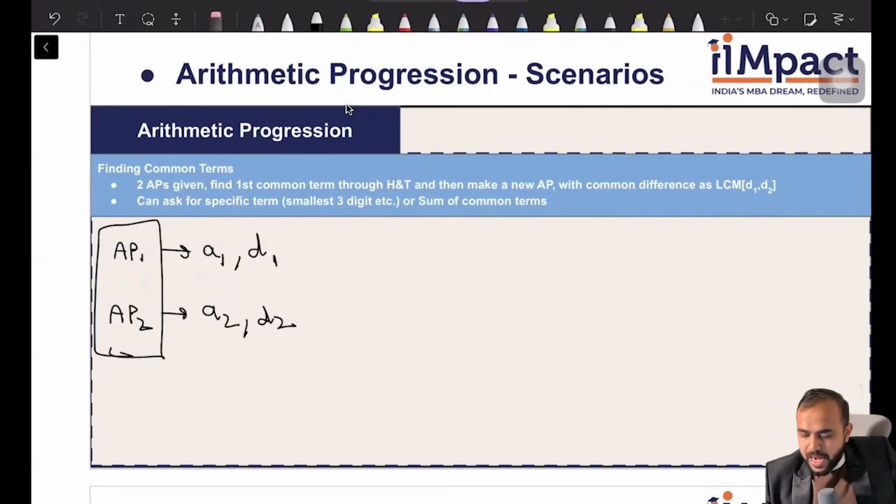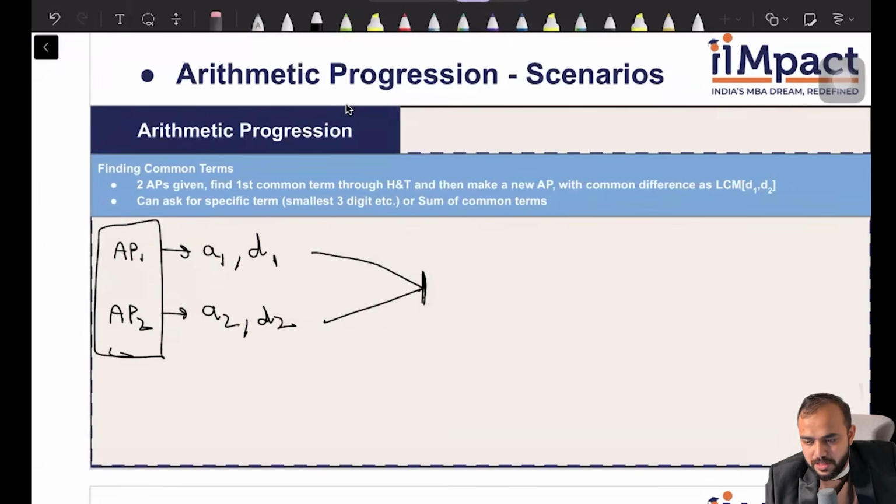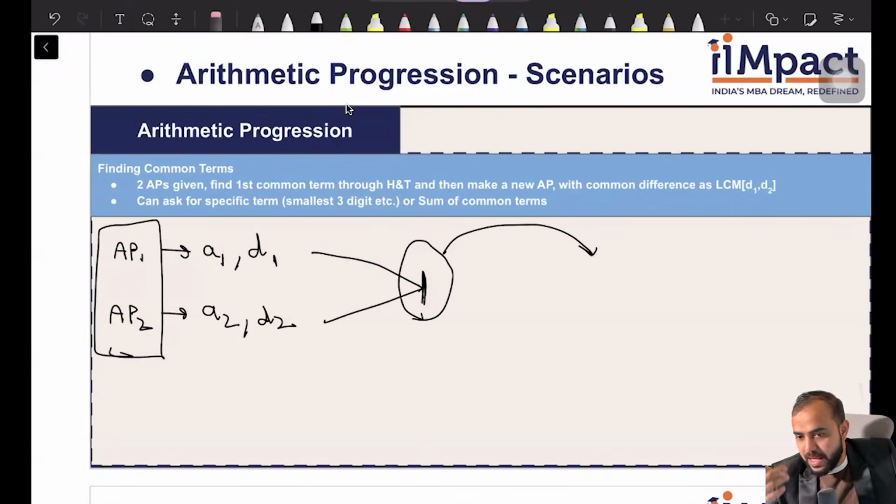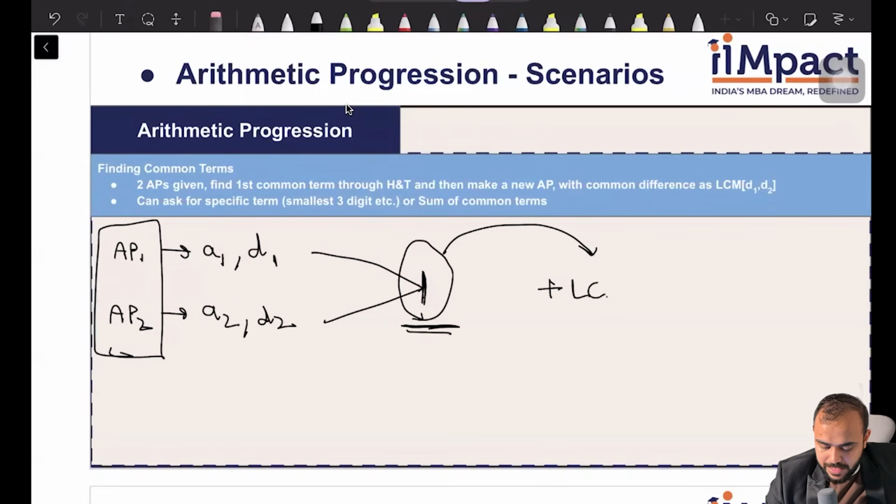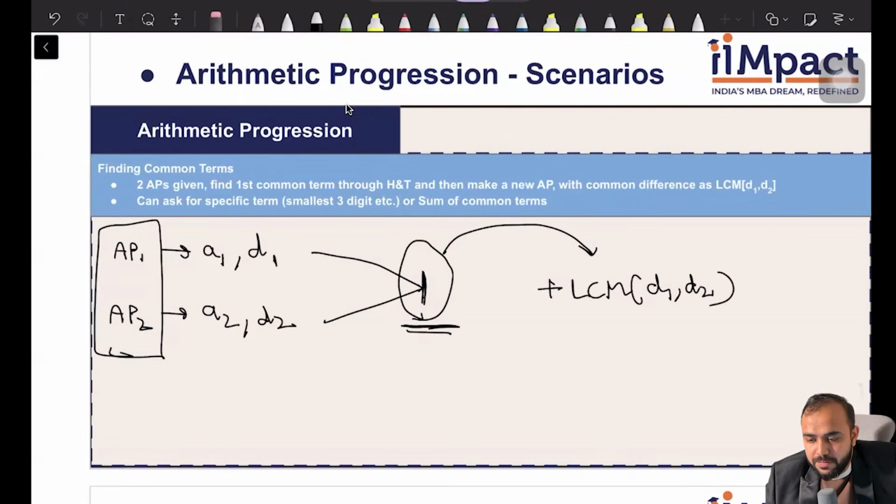So how do we do that is you first find the first term which is going to be common to both of these. Generally hit and trial would actually be the fastest method. Once you arrive at the first term, the next term which will be common to both will have this first term plus the LCM of the differences that both of these APs individually have.